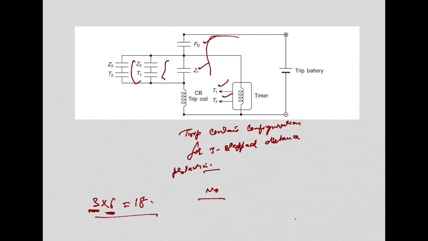One popular idea, known as the switched distance scheme, uses only 3 measuring units but switches the input to them with the help of the fault detector, and this actually brings the number of measuring units from 18 to 9.